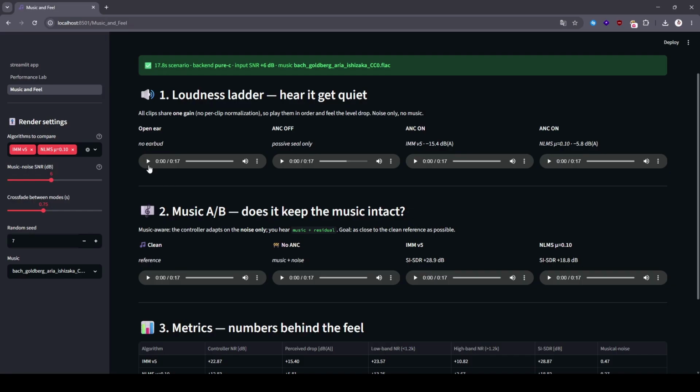So first, I'll play you the open ear with no earbuds. This is pure noise. And now with passive seal only, which simulates basically what it feels to have an earbud on during the noise.